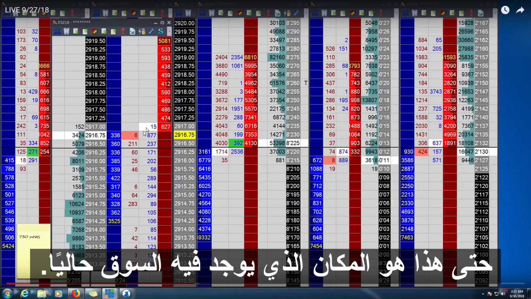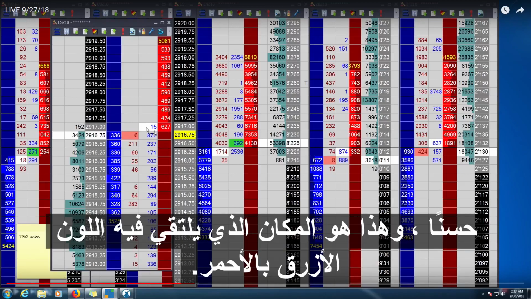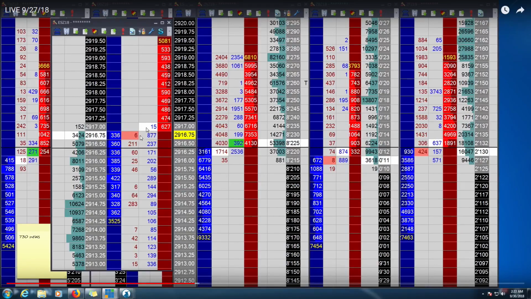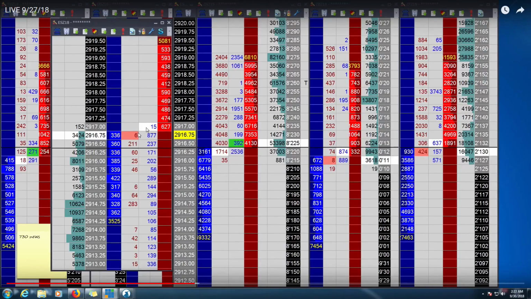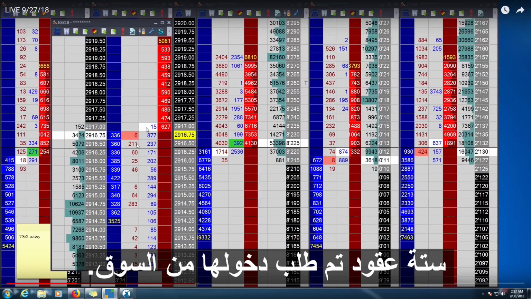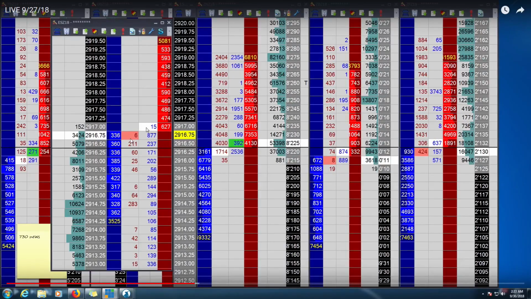This is where blue meets red. Right here you see the number 6 in the red box. 6 contracts have market ordered in.